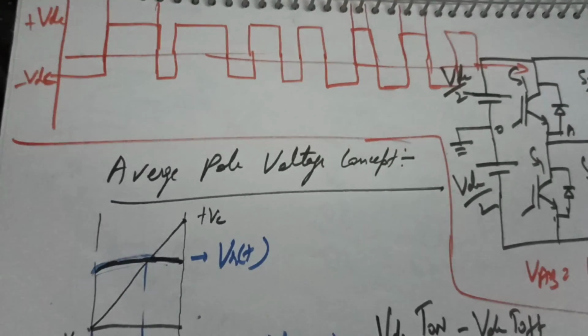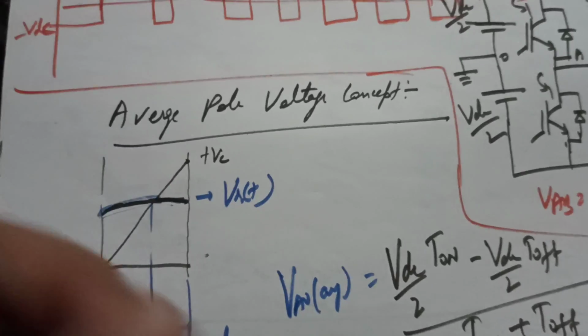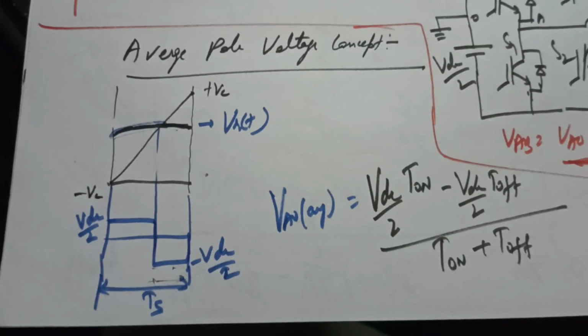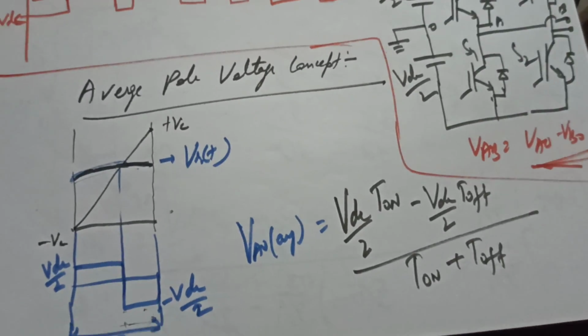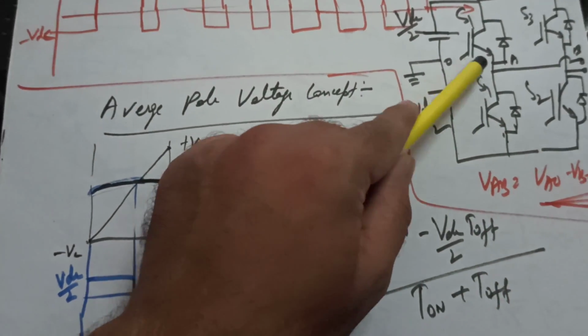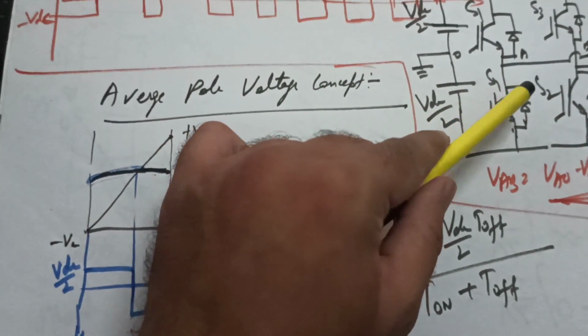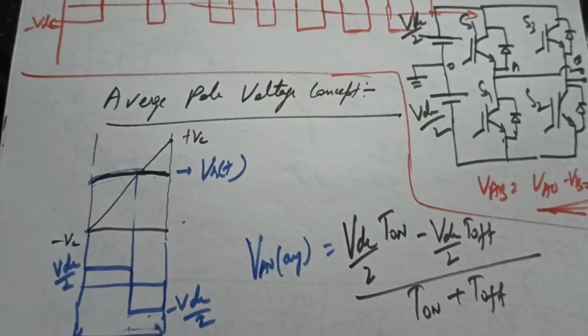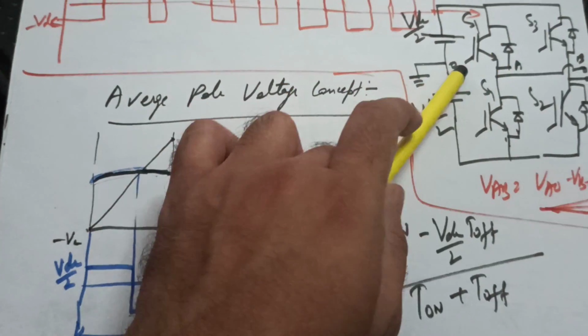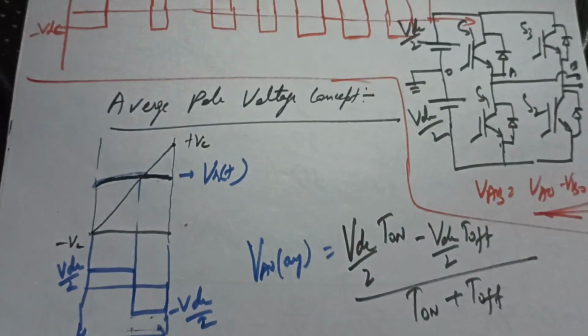Clear? Till this point it is very much clear. Now, what will be the voltage across VAB? The voltage will be nothing but VA0 minus VB0. Clear? VA0 minus VB0. So VA0 is plus VDC by 2.